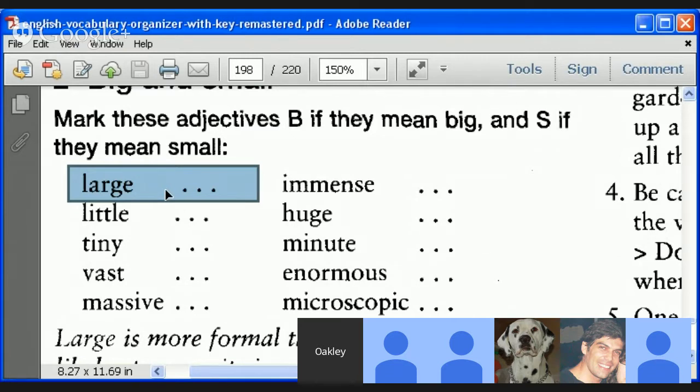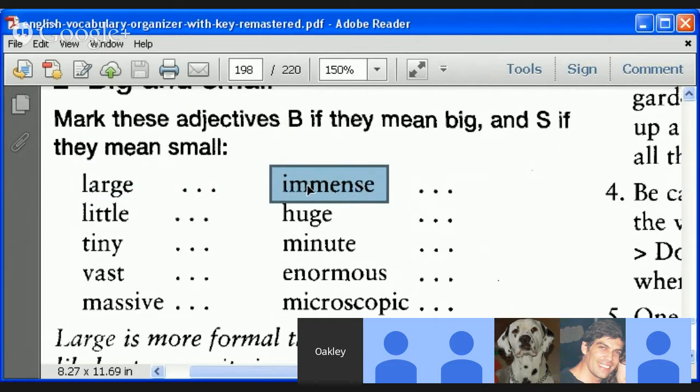Yes, it is. Can you think of another word that means big? Yeah, huge. Excellent. Good job. Which is bigger? Big, large, or huge? I think huge. I agree. All right. Very good.